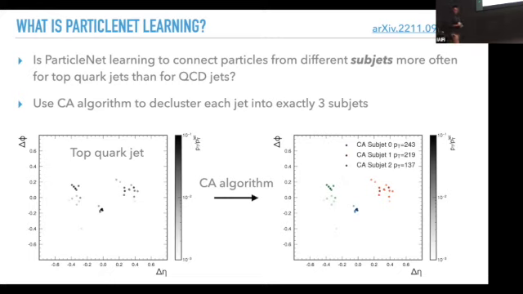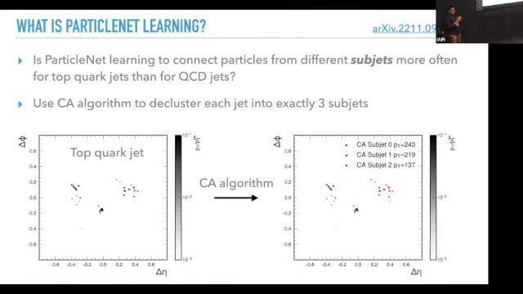So in this case, we asked: is ParticleNet learning traditional jet substructure techniques that we've known about and used for a long time? For instance, I'm now switching slightly the task it's being used for.